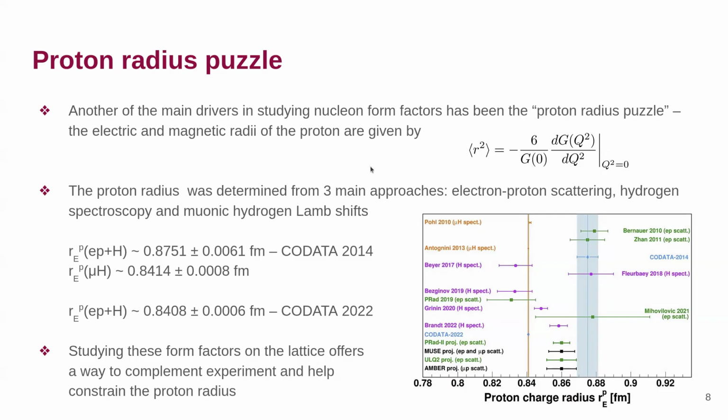And I wanted to point out that this actually led to something called the proton radius puzzle. So there were three main approaches that people used for obtaining the proton radius from the form factors. And that's electron-proton scattering experiments, or experiments shining a laser on hydrogen and performing spectroscopy, or looking at Lamb shifts from muonic hydrogen.